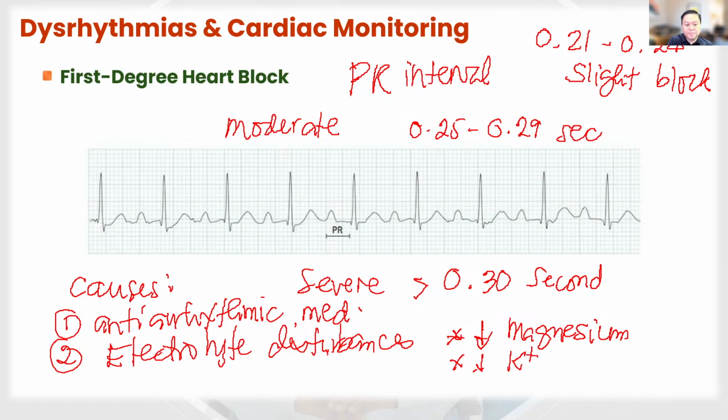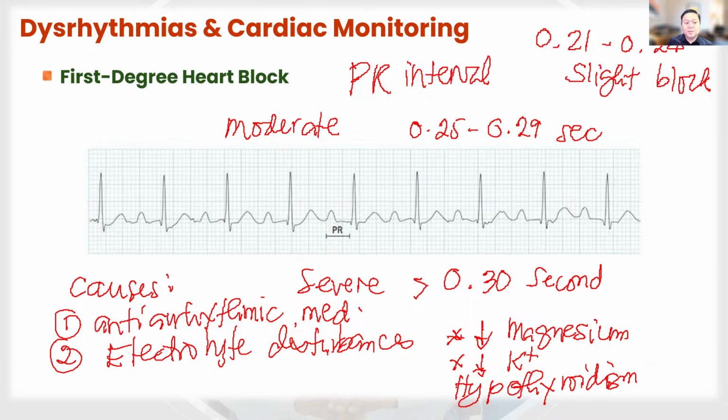Okay, low potassium, low magnesium, or they might have hypothyroidism. And this is something that can also occur in those people that may have the inferior wall MI and also myocarditis. So these are the possible causes of the first degree heart block.